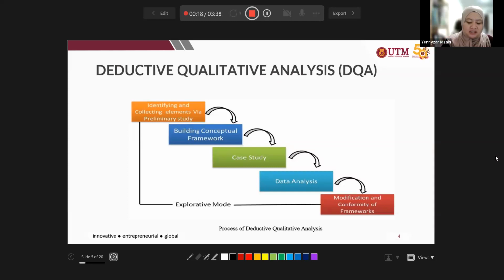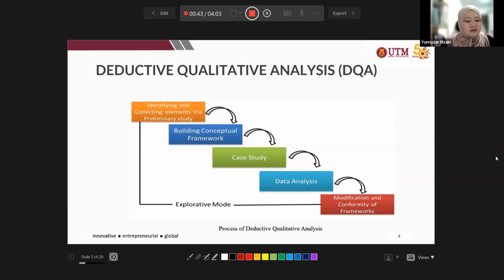The methodology is less prescriptive, more flexible and open-ended so that participants can express topics that are important to them. So participants in the study have the chance to reveal, without the researcher putting any predefined thoughts and opinions on them, perspectives on the phenomenon under examination. So DQA will be used as the basis in the study.